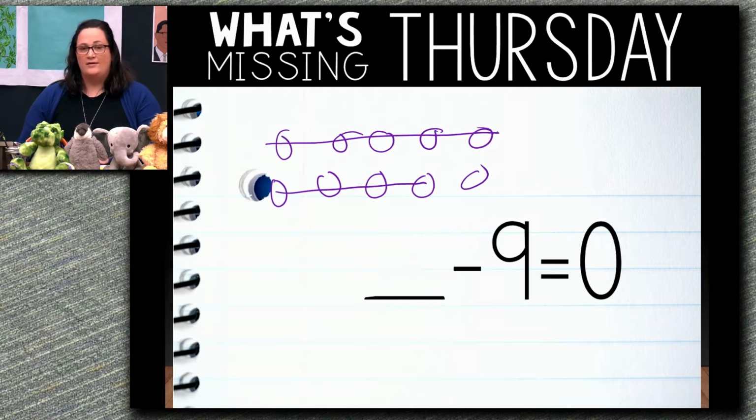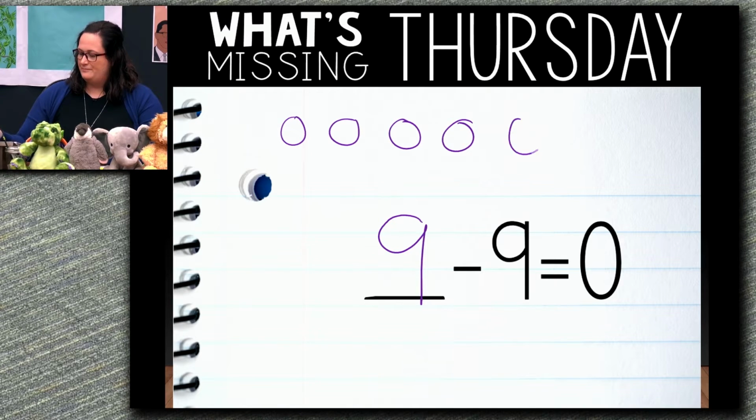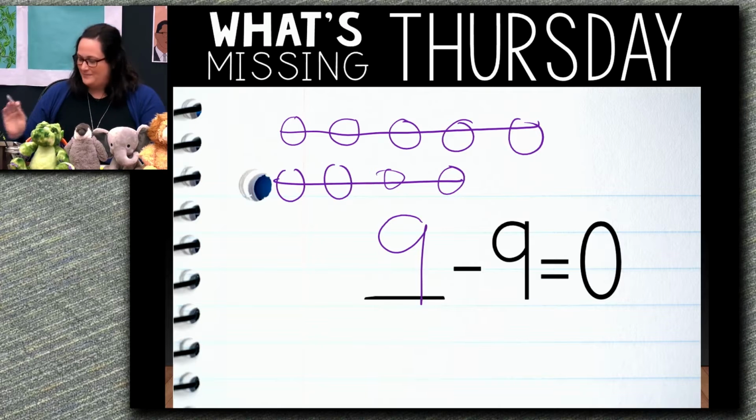No, I'll have 1. So how many do I need to start with if I'm going to take 9 away and have 0 left over? Yeah, 9. 9 minus 9 equals 0. See, it wasn't that bad, was it?